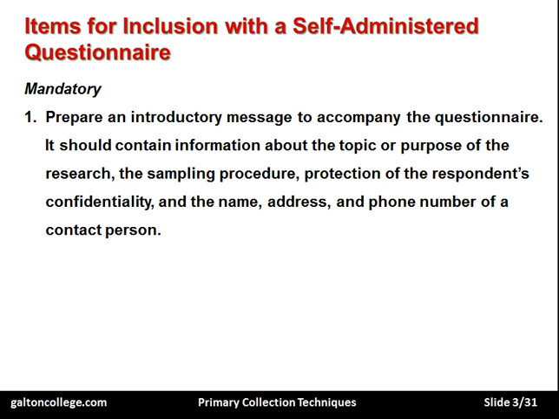So have an introductory message to accompany the questionnaire, and it should explain why the questionnaire is important and why people should participate and how the sample has been collected.